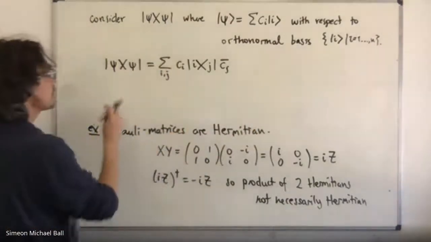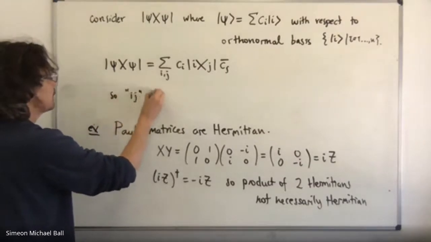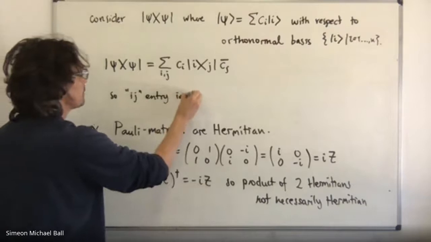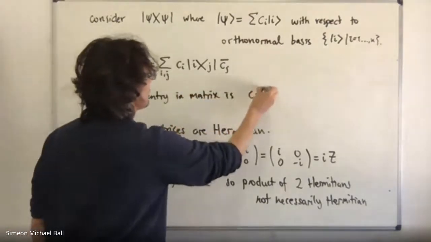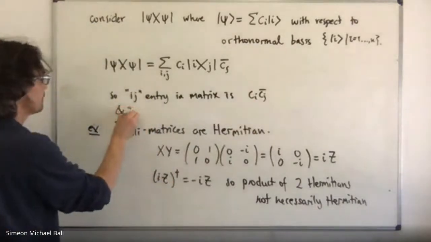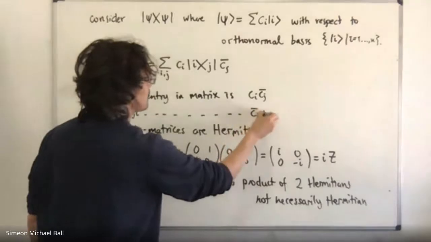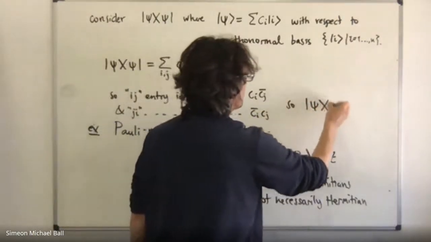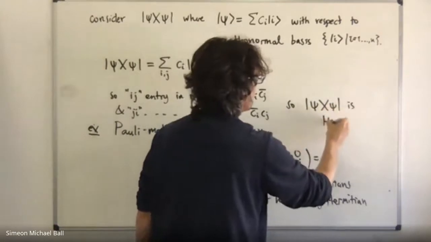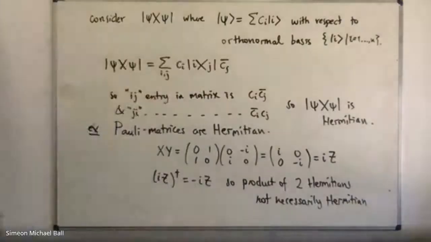So the ij entry in the matrix is c_i c_j conjugate, and the ji entry in the matrix is the conjugate of that. So this rank 1 matrix is Hermitian, whatever the psi is.